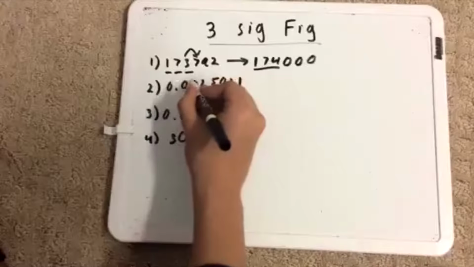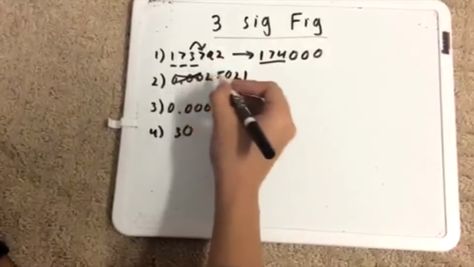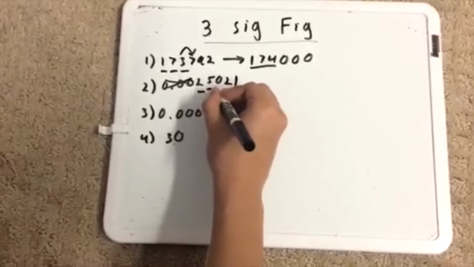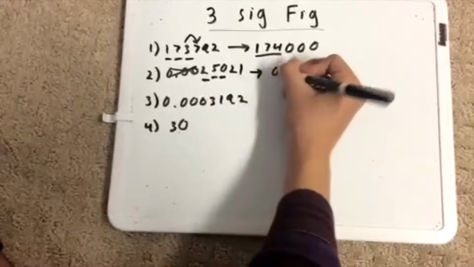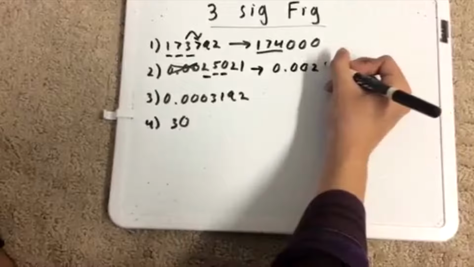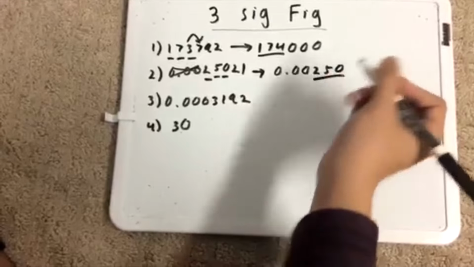For number 2, since these are zeros, they're non-significant, you count 1, 2, 3. Your number would come out as 0.00250 with 3 significant figures.